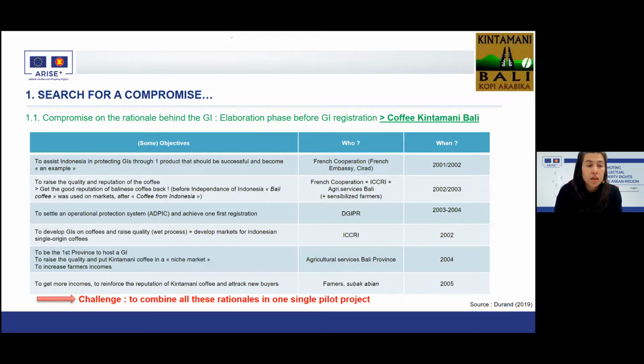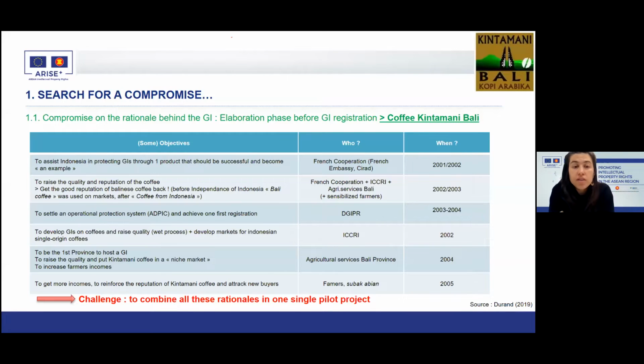They wanted to raise the quality and the reputation of the coffee. And something that was said very regularly was that these actors wanted to get back the good reputation of Balinese coffee, because before the independence of Indonesia, the coffee was sold as Bali coffee, the coffee from Bali.